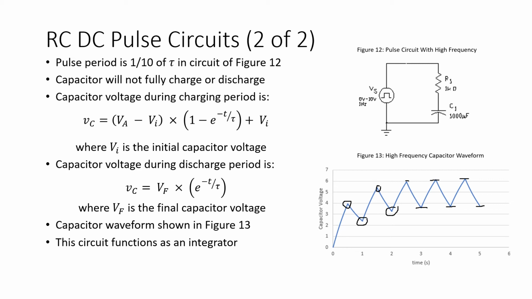And the capacitor will continue. If this graph went on to the right, the capacitor would continually charge to about 6.1 volts and discharge down to about 3.9.